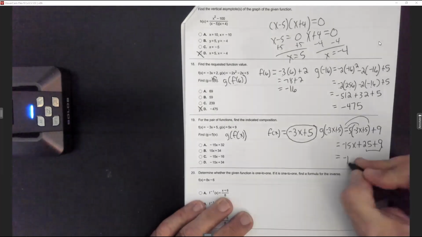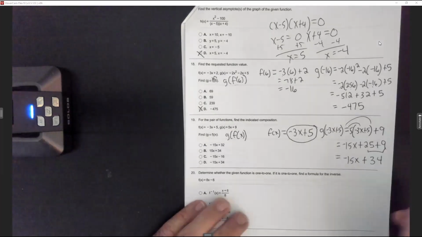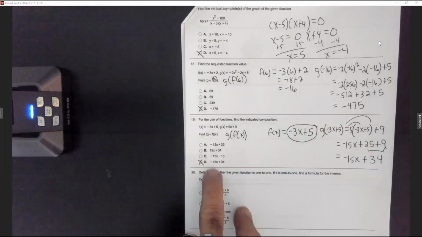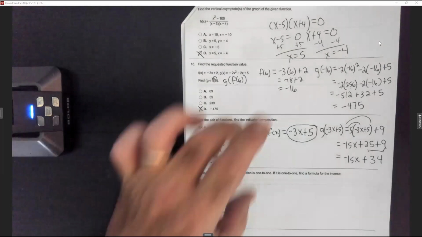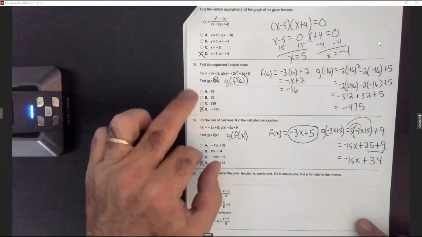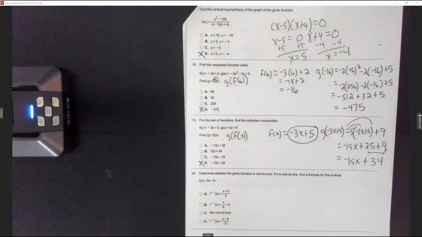So we get negative 15x, 25 and 9 give us what? 34. So let's see, we want D, negative 15x plus our 34. So y'all be careful on these. Your final should be in the same order that I did mine, g of f of x, okay?